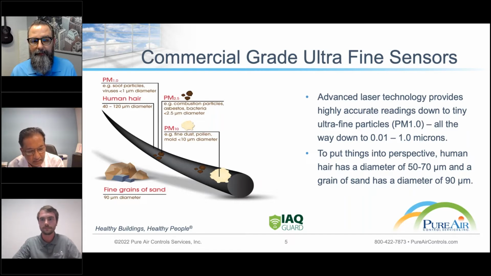As you can see with the help of this hair, the particulate matter called PM 1.0 is a very, very fine particle, and it can make its way all the way to your lungs.